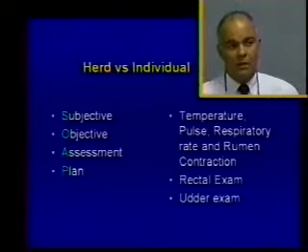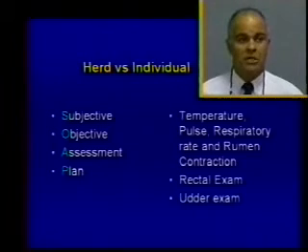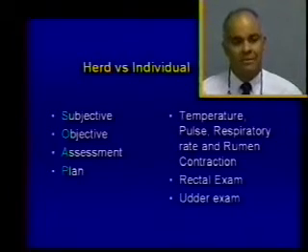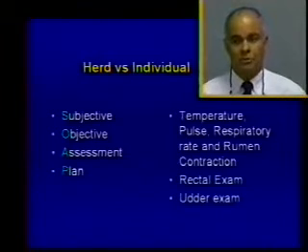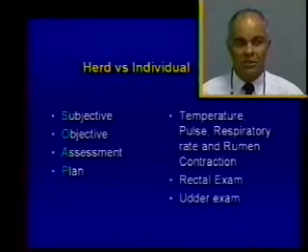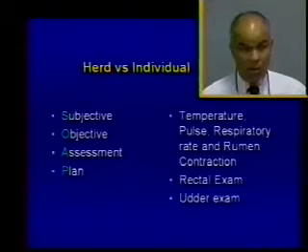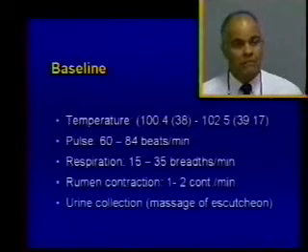Consequently, her rumen stops working. Secondly is a rectal exam, where we not only examine the reproductive system, but we try to examine the internal organs, and then an udder exam to determine whether or not the cow has mastitis. No physical exam in the bovine patient is complete until we finish a rectal exam and an udder examination.